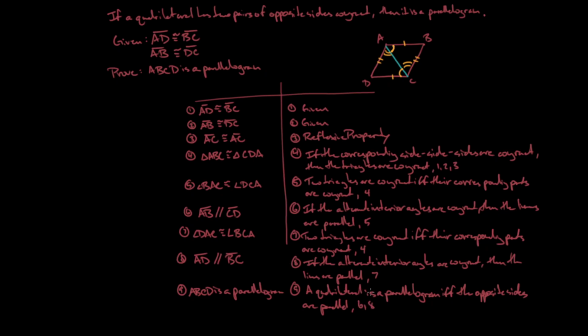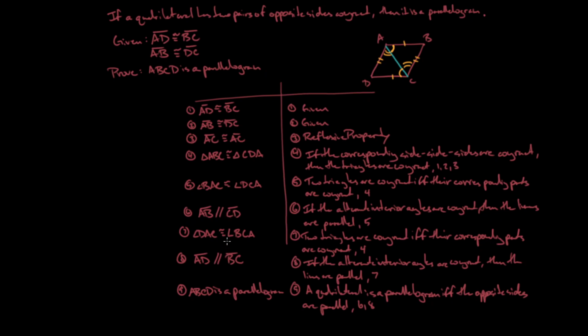Let's walk through this one more time. What I was trying to show was that this quadrilateral is a parallelogram based off the fact that it has two pairs of opposite sides congruent. So I broke this up into two triangles, proved them congruent, and then used their corresponding parts, which in this case were the angles, to talk about these opposite sides being parallel.